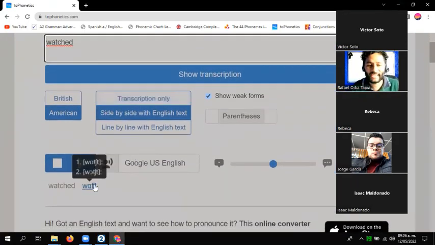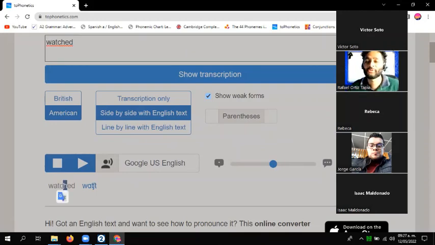Esa T y esa S rara es el símbolo fonético para las CHs, o para el sonido que hacemos nosotros, por ejemplo, en chicharrón, chongo, chuleta. Nosotros también tenemos ese fonema en español, ¿sale? Y el símbolo fonético para ese fonema es este.